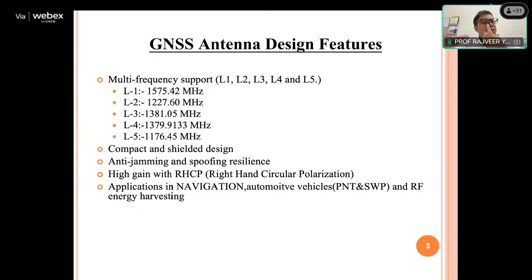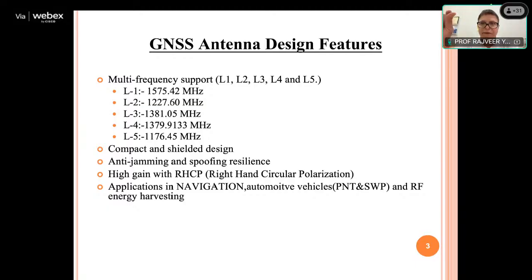But our solution will provide a complete overall solution which a single antenna can support, right from L1 to L5 bands. The beauty of our design is that it is compact and we try to introduce anti-jamming features in our antenna.